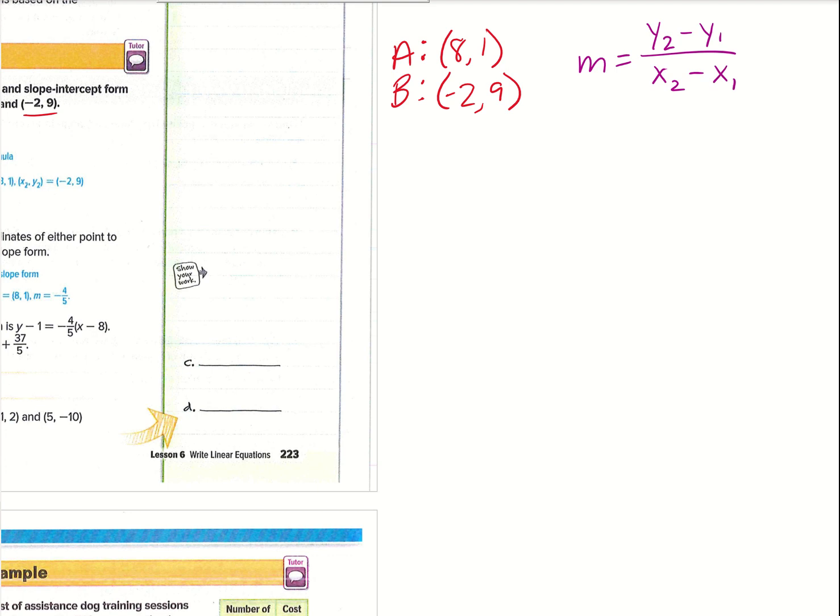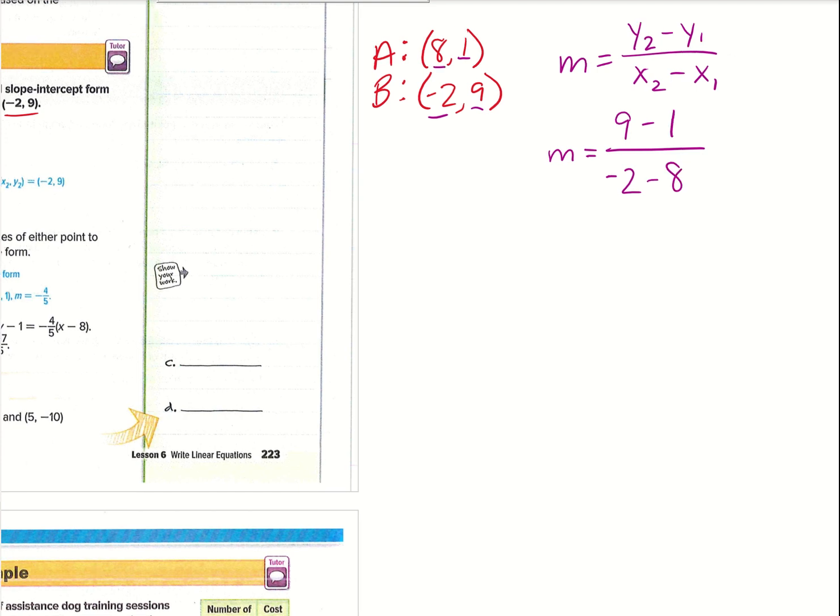Okay, so we'll go ahead and plug in. Our y2, I'm going to use 9, which makes our y1 1, and that goes over -2, which is our x2, minus 8, which is our x1.